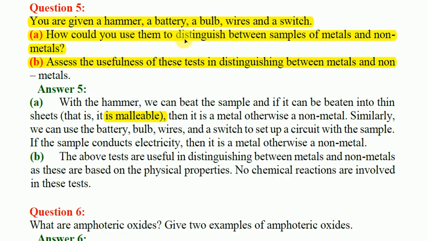We are only discussing malleability and electrical conductivity. Based on these points, you can easily classify: metals are malleable, metals are good conductors of electricity; non-metals are non-malleable, non-metals are bad conductors of electricity. These are the basis of the test. You can easily identify metals and non-metals.